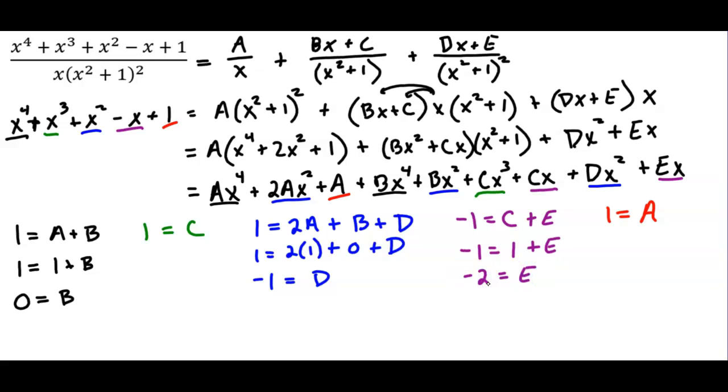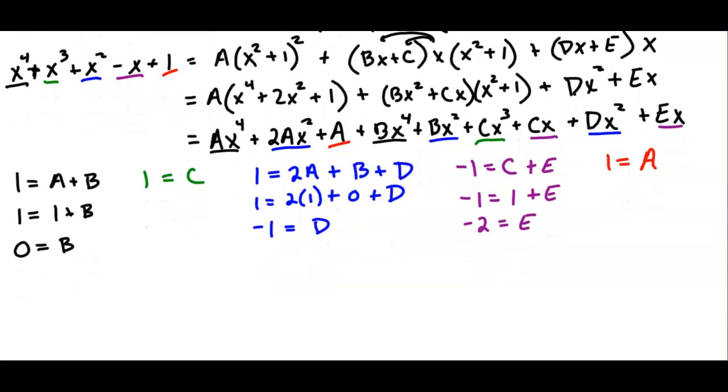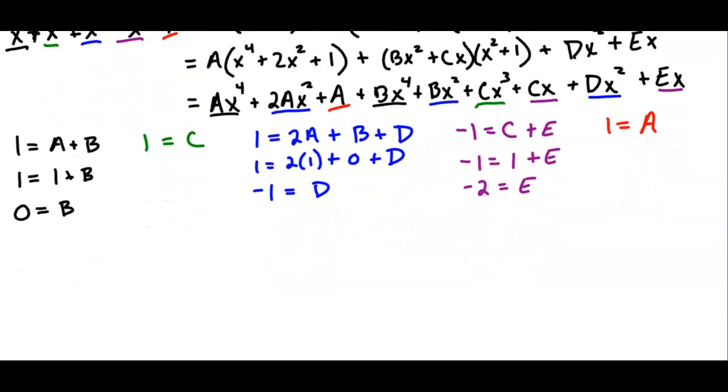Okay, now what I have to do is I have to follow this right there. So I have a over x, which is going to be 1 over x plus, and then it's going to be bx plus c.